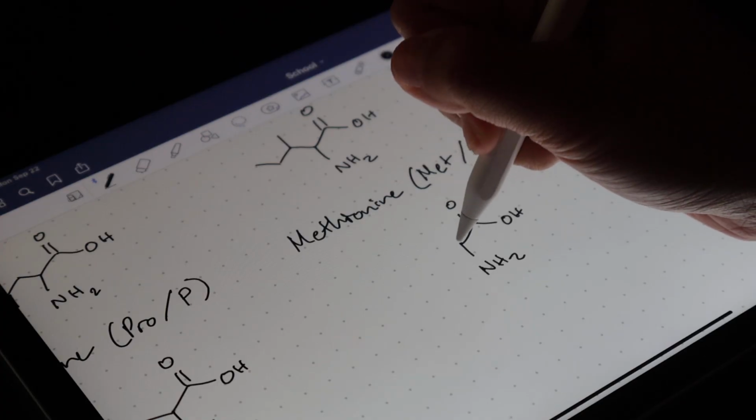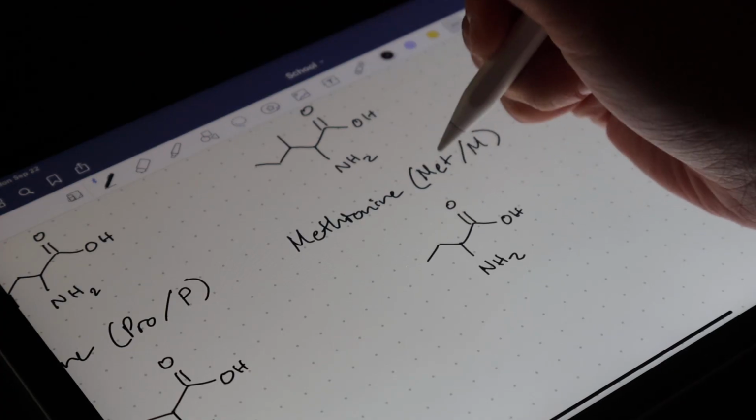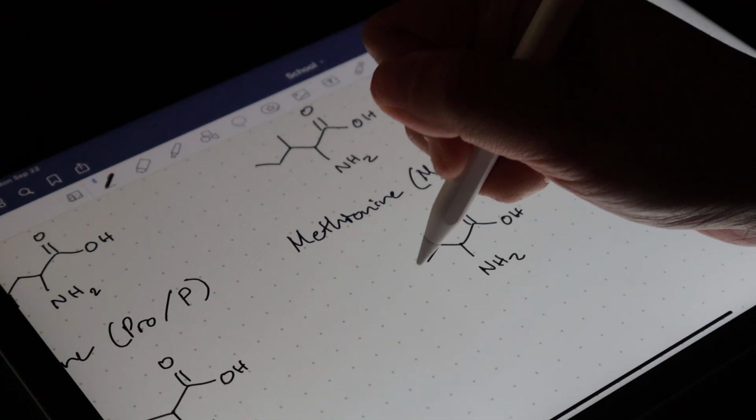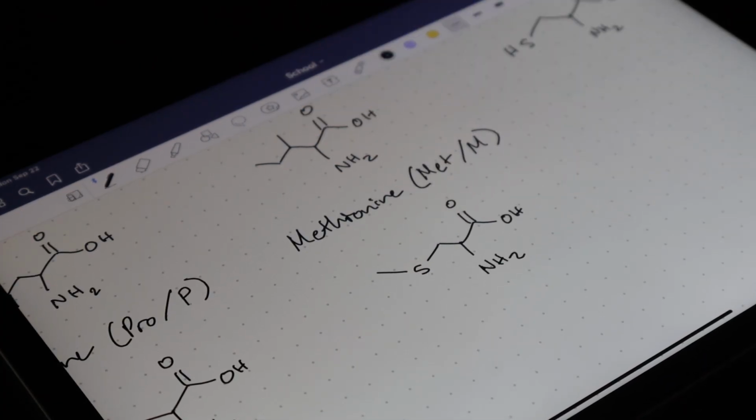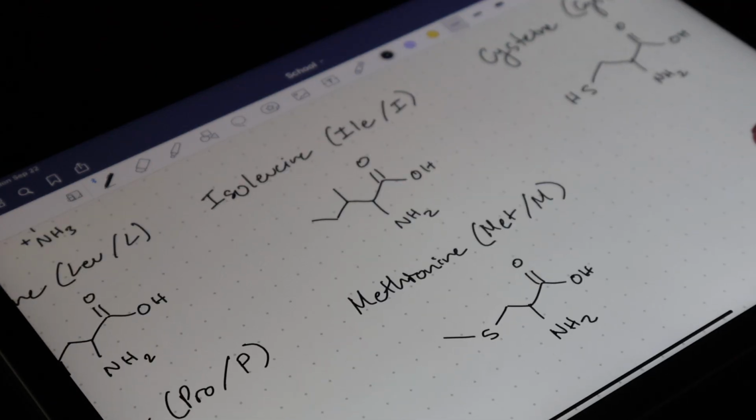And now this one, we're gonna have 1, 2 carbons with a sulfur and then a methyl right off of it. So essentially very similar to cysteine, just replacing that hydrogen on the sulfur with a methyl.